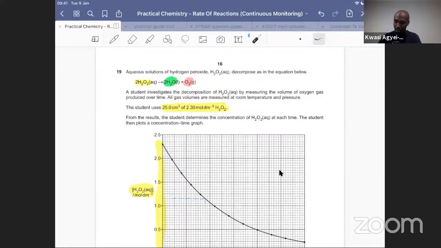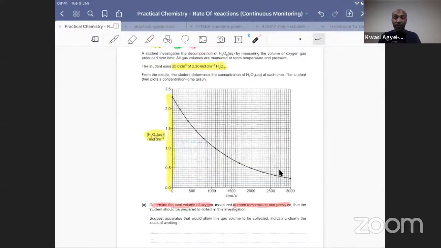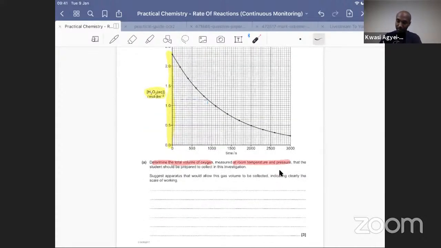Right, so where do we start? We can start by calculating the number of moles of something. And the only thing we can calculate the number of moles of at this point is hydrogen peroxide. So we know that the concentration is equal to the number of moles over volume in decimeters cubed.